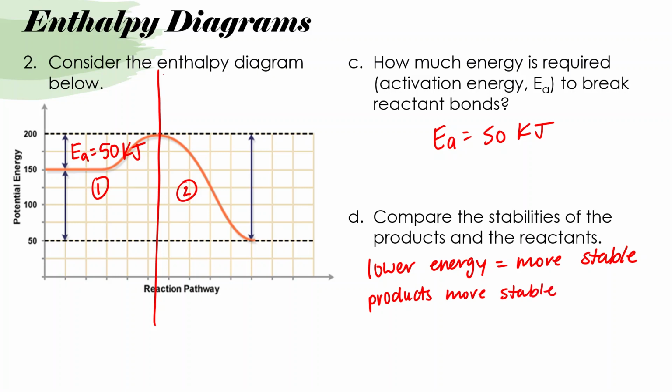We know that because energy had to be released in this reaction. It's exothermic, so the energy of the products is going to be much lower than the energy of the reactants. By losing that energy during the course of the reaction, the products become more stable than the reactants.